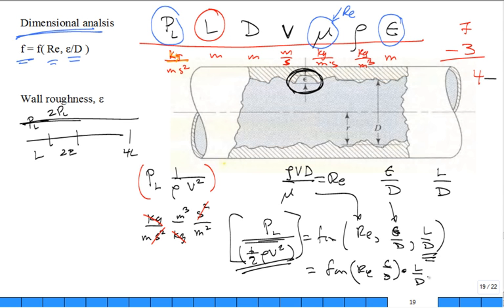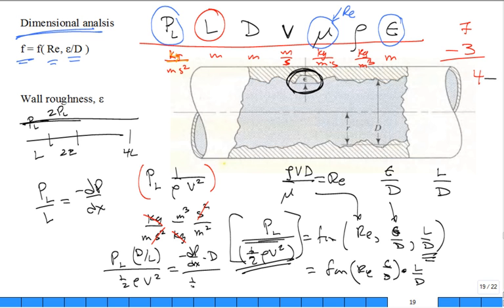Well, why don't I now bring that L over D to the other side, and I'll get P sub L is D over L divided by 1/2 rho V squared. Remember what pressure loss over the length of the pipe is? Negative dP dx. And so what I get is negative dP dx times diameter divided by 1/2 rho V squared.